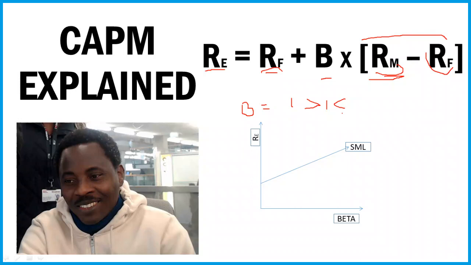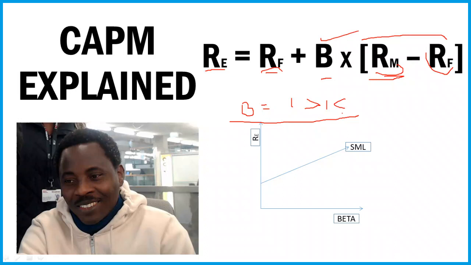But at the same time, if there is a downward trend, the stock will not fall easily because it's on defensive mode. Basically, that is the interpretation of beta.